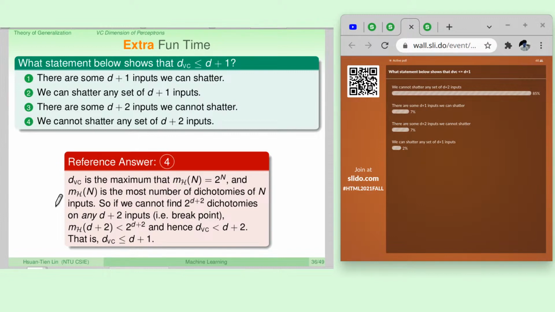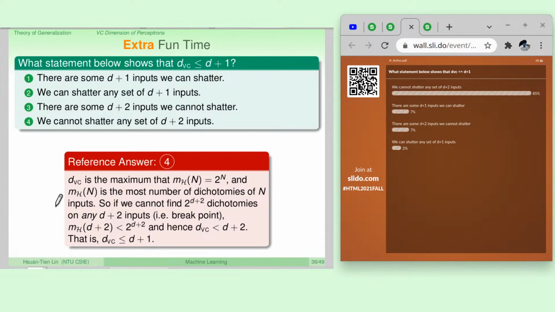But remember, when we talk about the growth function, we talk about the worst case where we can arrange the inputs arbitrarily, and we care about the maximum number of dichotomies. Therefore, even if there are some input cases we cannot shatter, they may not matter because they are not the ones that achieve the growth function.